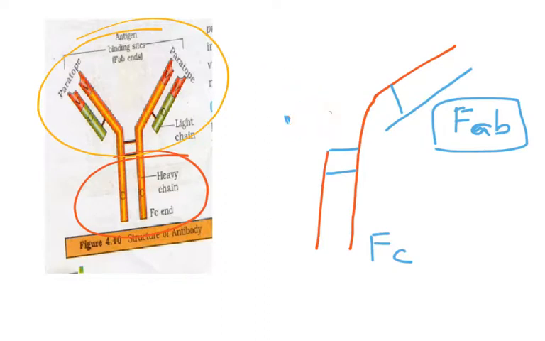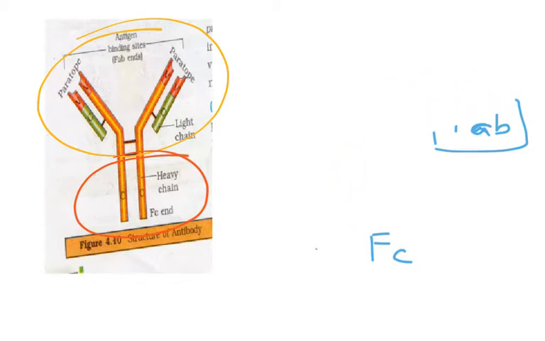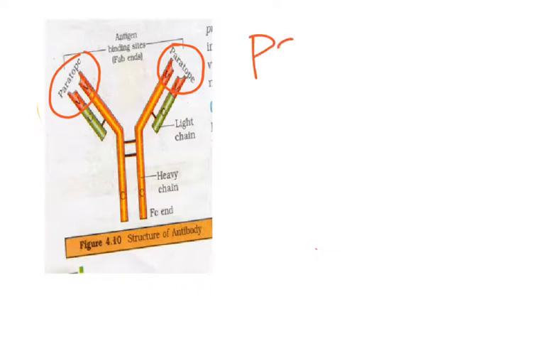The fragment antigen binding site changes according to the antigenic fragment. Based on that antigenic fragment, the fragment antigen binding site is going to change. The portion of the antibody which binds with the antigen can be considered as the paratope.